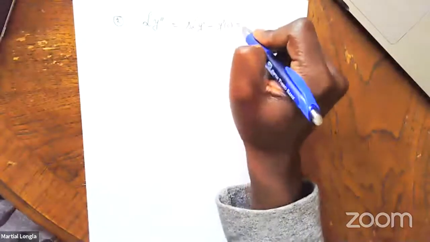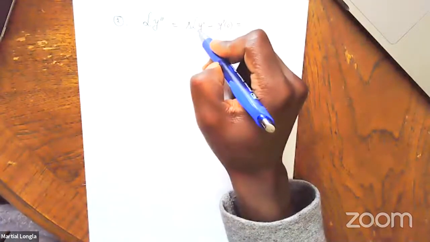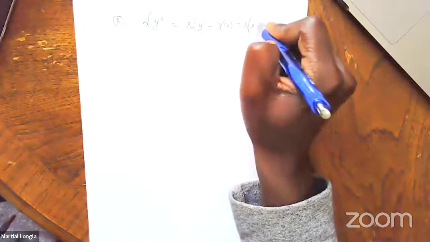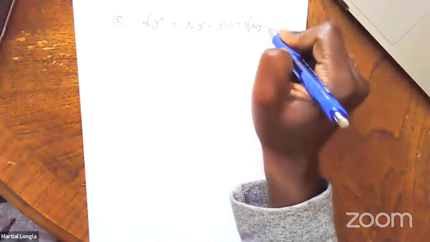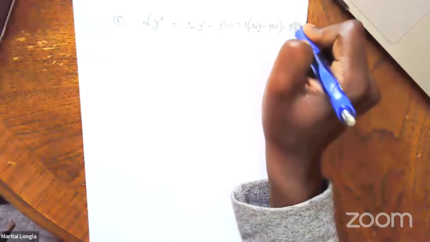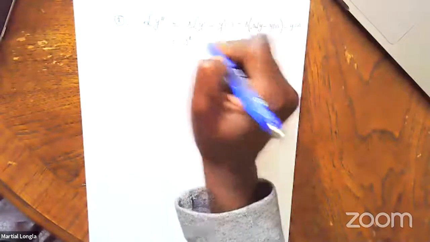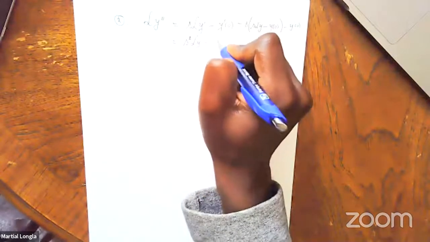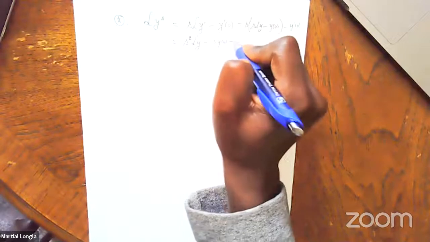And we know that the Laplace transform of the derivative is also s times the Laplace transform of y minus y of 0, then minus y prime of 0. So technically, you can say the Laplace transform of the second derivative is s squared times the Laplace transform of y minus s y of 0 minus y prime of 0.